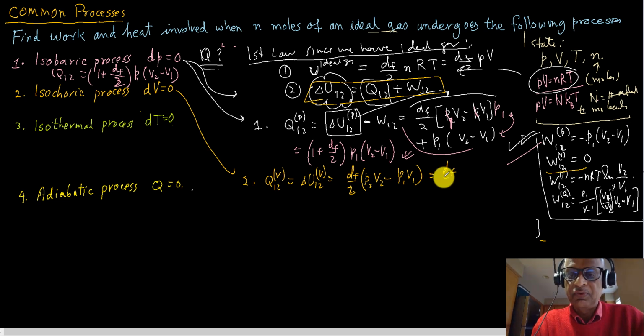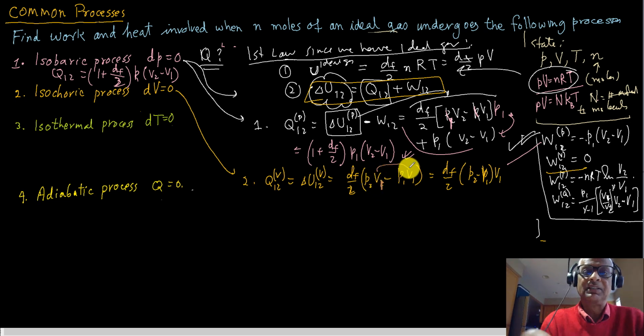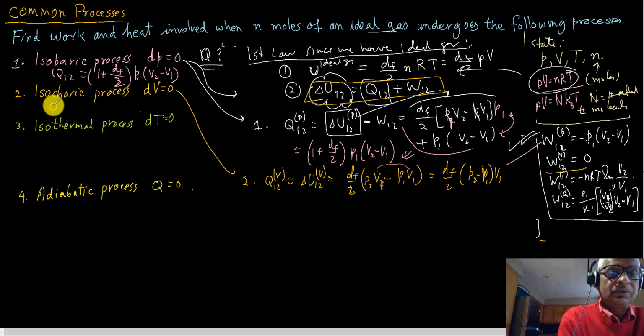So df over 2 times P2 minus P1 times V1, because the volume is the same. So Q12 is df over 2 times P2 minus P1 times V1.